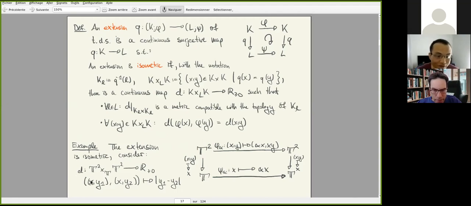No, this is because I'm taking the fiber product over the projection onto the first component. So in this case, this map Q, the quotient map, is the projection onto the first component. And the fiber product consists of all pairs for which this projection onto the factor is the same.